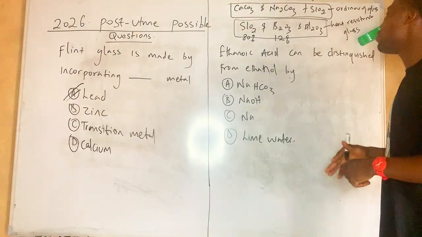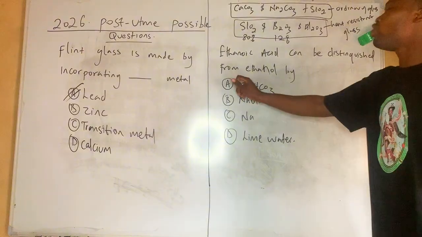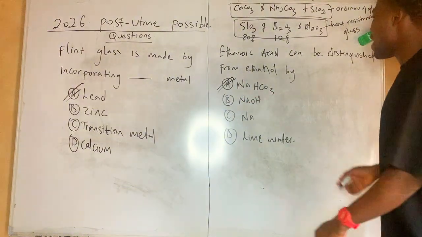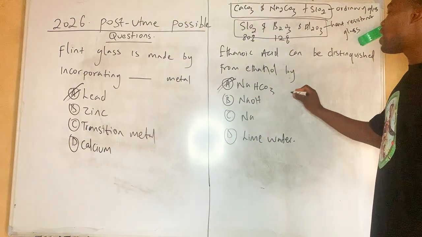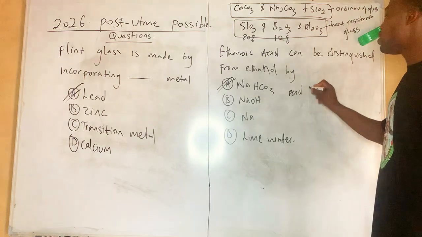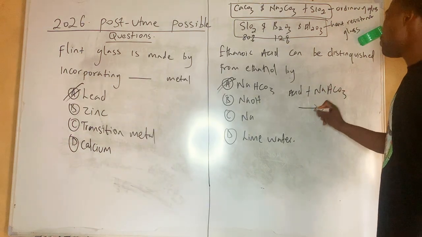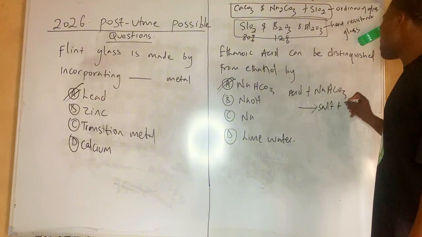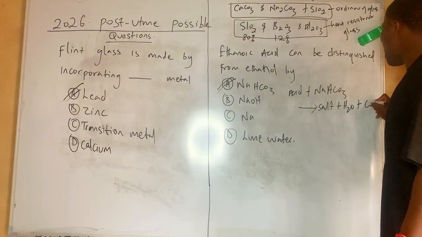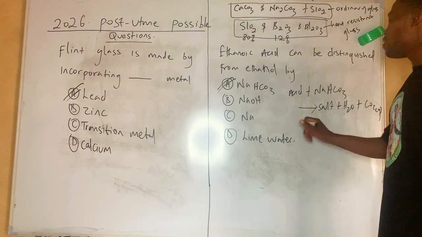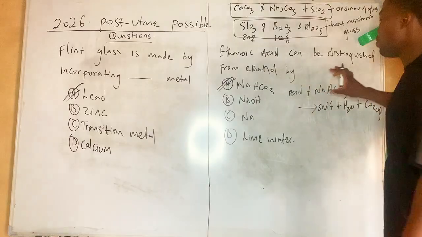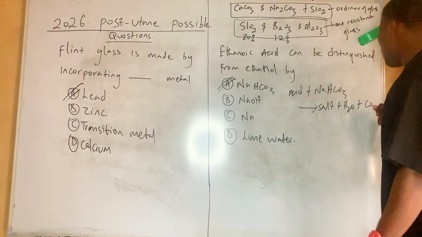The best way to distinguish ethanoic acid from ethanol is using sodium bicarbonate. Why? All acids, including alkanoic acids, react with trioxocarbonate salts to liberate salt, water, and CO2. So CO2 gas is going to come out. But alkanols cannot react with sodium bicarbonate.